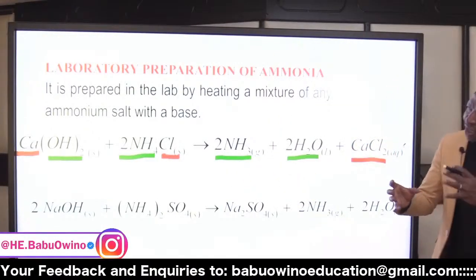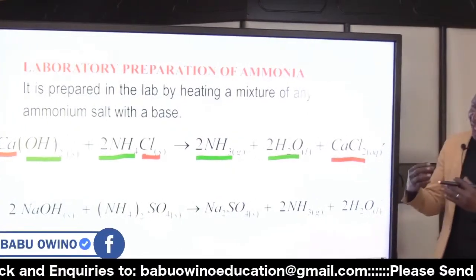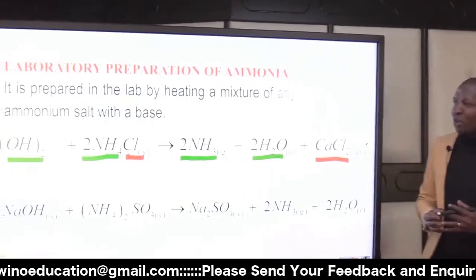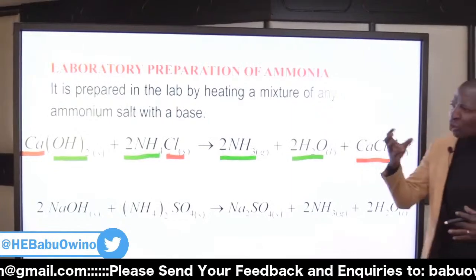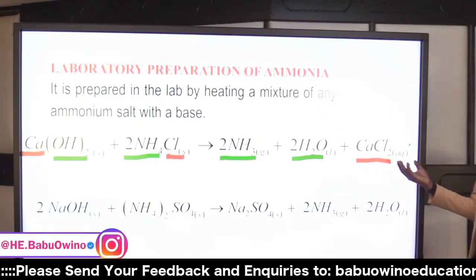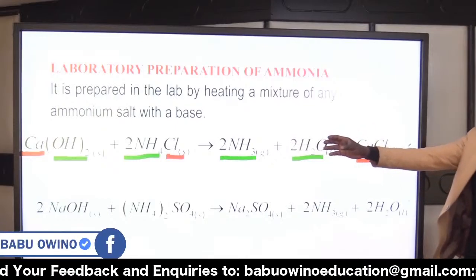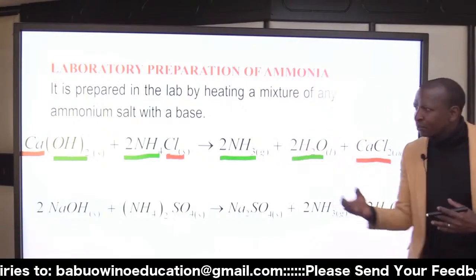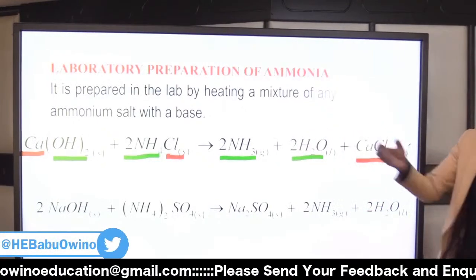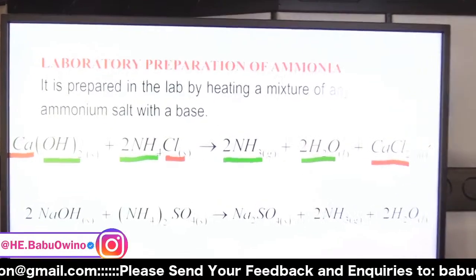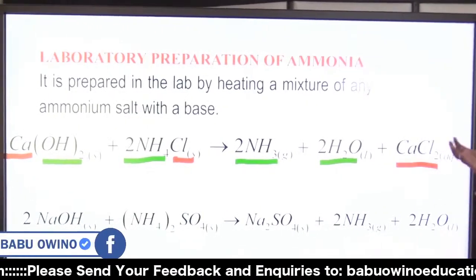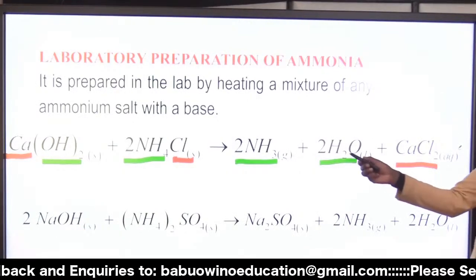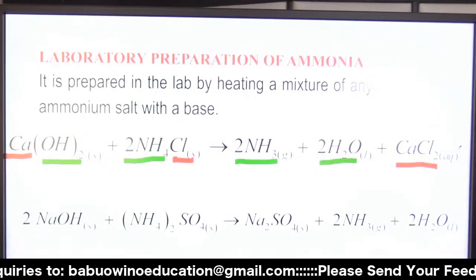Very simple. Wherever you have this kind of reaction, the anion component of the ammonium salt will combine with the cation component to form the corresponding salt. So the chloride ions in ammonium chloride will react with the cation component of the base, that is calcium, to form calcium chloride. The remaining ammonium and hydroxide ions react to form water and ammonia gas.